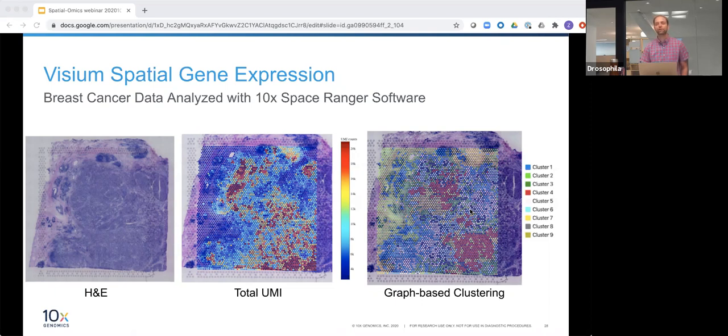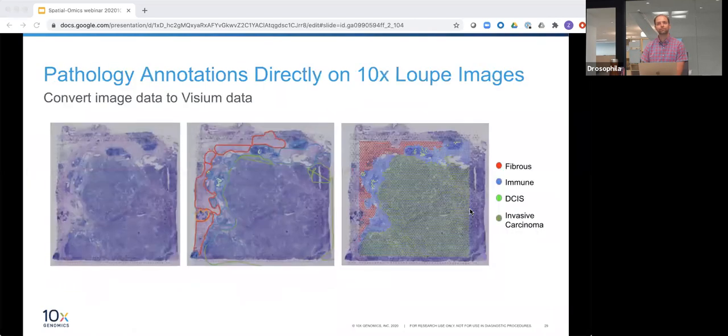And it really shows the tissue heterogeneity, the tumor heterogeneity that you would expect to see. Just because a pathologist says it's only cancer doesn't mean that that's only one type of cancer. It could be a lot of different interesting things happening within that one region.